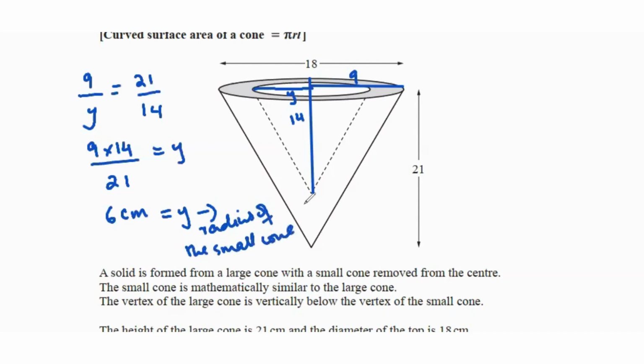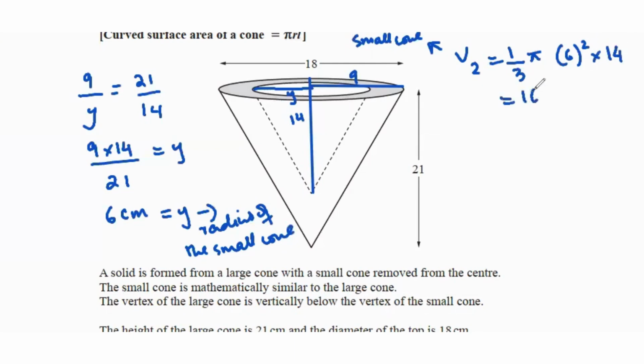Okay. Once you find the radius of the small cone, I will find the volume of the small cone. So volume 2, which is the small cone, is going to be 1 over 3 pi r square times height, which is 14.